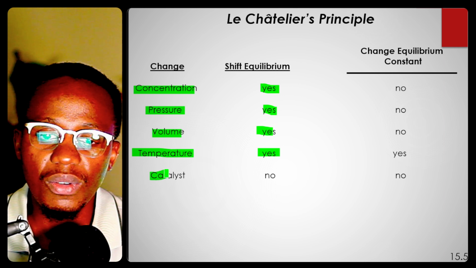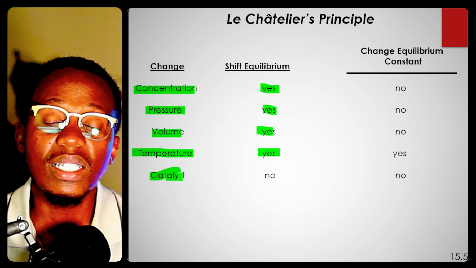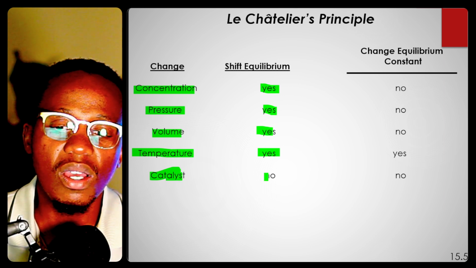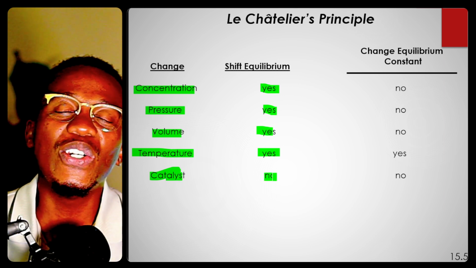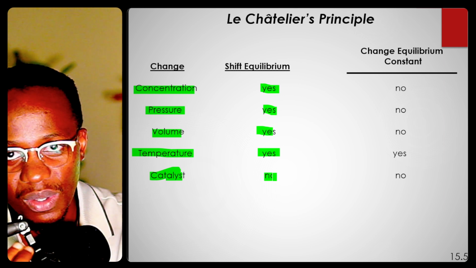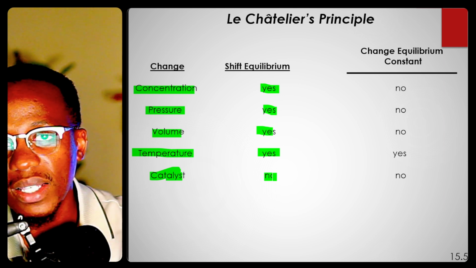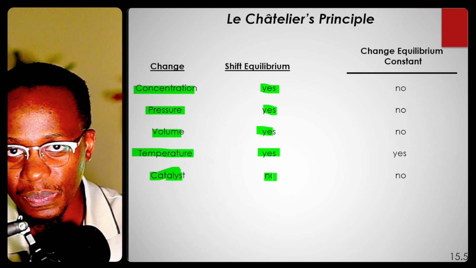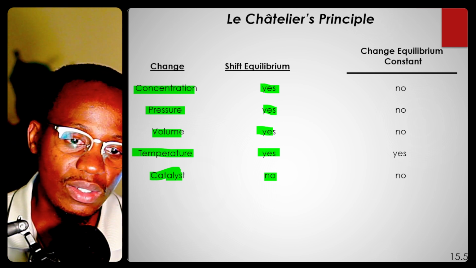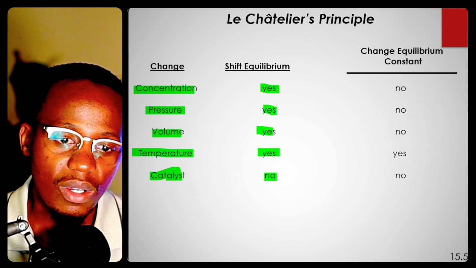A catalyst. If you remember when we talked about a catalyst, catalysts are just things that speed up the reaction, faster or slower. And this is a good multiple choice question. A catalyst helps you reach equilibrium faster or slower, but it does not affect the equilibrium. Catalysts do not affect equilibrium, right?